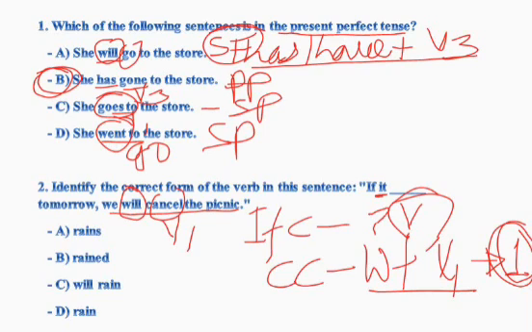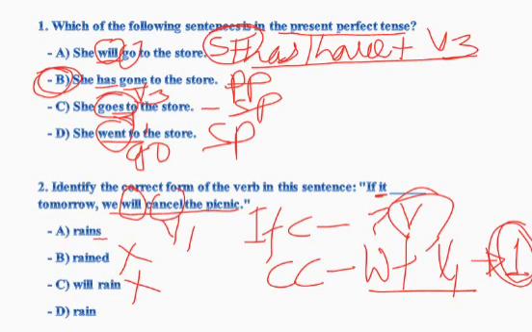Automatically we cancel B, which is simple past. C, will rain, is simple future tense, so we have to choose either A or D. What is the difference between rains and rain?